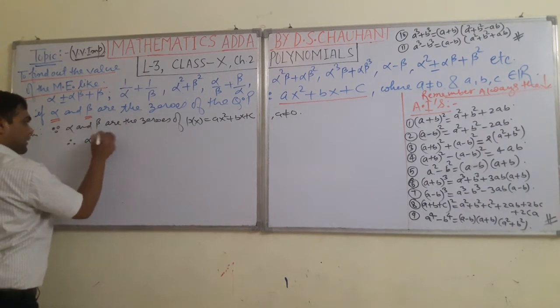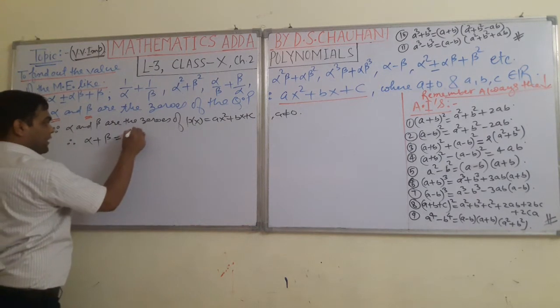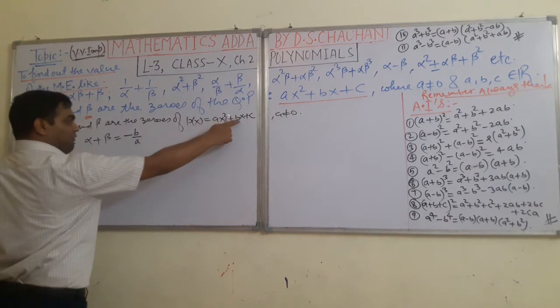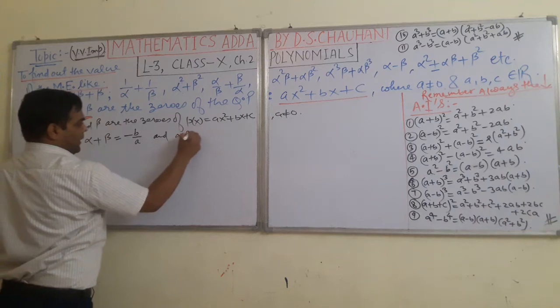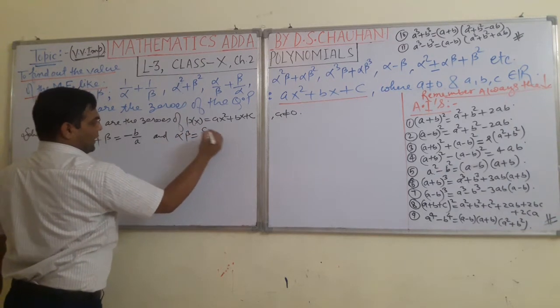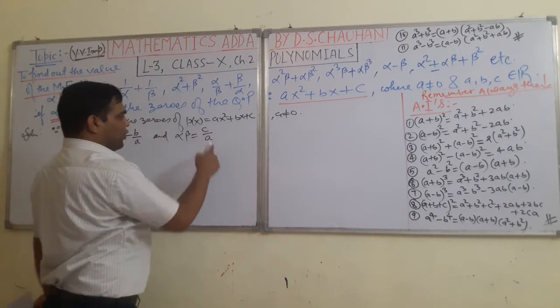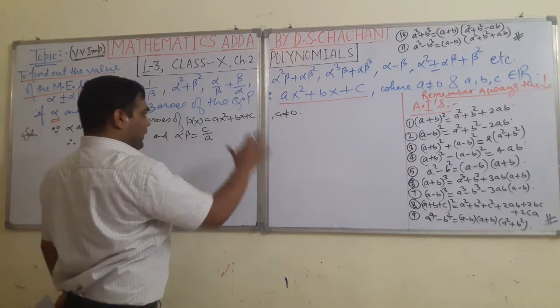Alpha plus beta, the sum of the zeros, what is it students? You know it is minus b upon a, that is minus coefficient of x upon coefficient of x square, and alpha beta is c upon a, that is the product of the zeros, the constant term upon coefficient of x square. You are too much familiar.